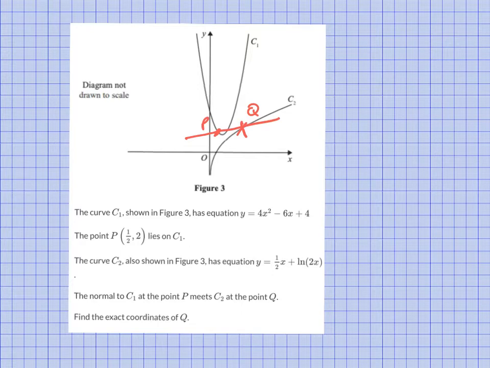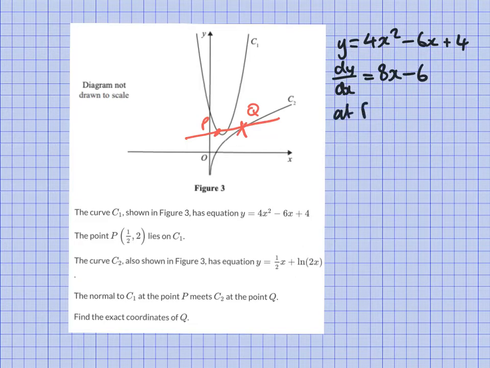So let's begin. I'm going to need to find the gradient of the line from P to Q. To find the gradient of a line, we're probably going to differentiate. P is on the line C1, so I'm going to take the equation for that line, which is y equals 4x squared minus 6x plus 4, and differentiate. dy by dx is 8x minus 6.